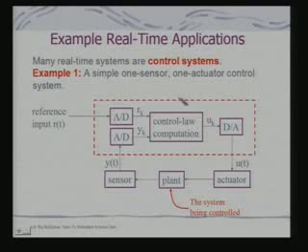Now if we are implementing this, then there would be timing constraints on this. And how does this timing constraint come in? Timing constraint comes in because your input is being sampled at regular intervals, and you are taking control action in response to that sampled input.